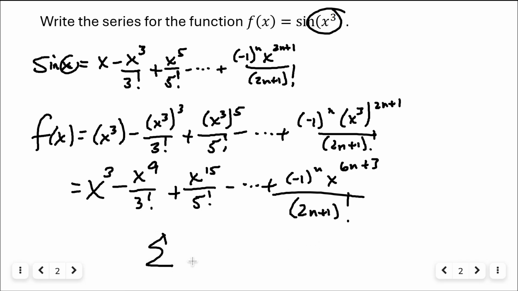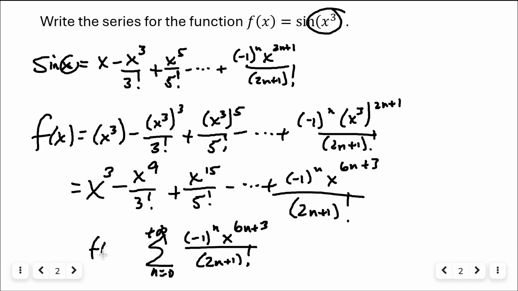So the sum, the series, the general term, is negative 1 to the n, x to the 6n plus 3 over 2n plus 1 factorial. And that's the right answer. Okay? This is the series, or the Taylor series, for f of x. All right? That's what we're doing.